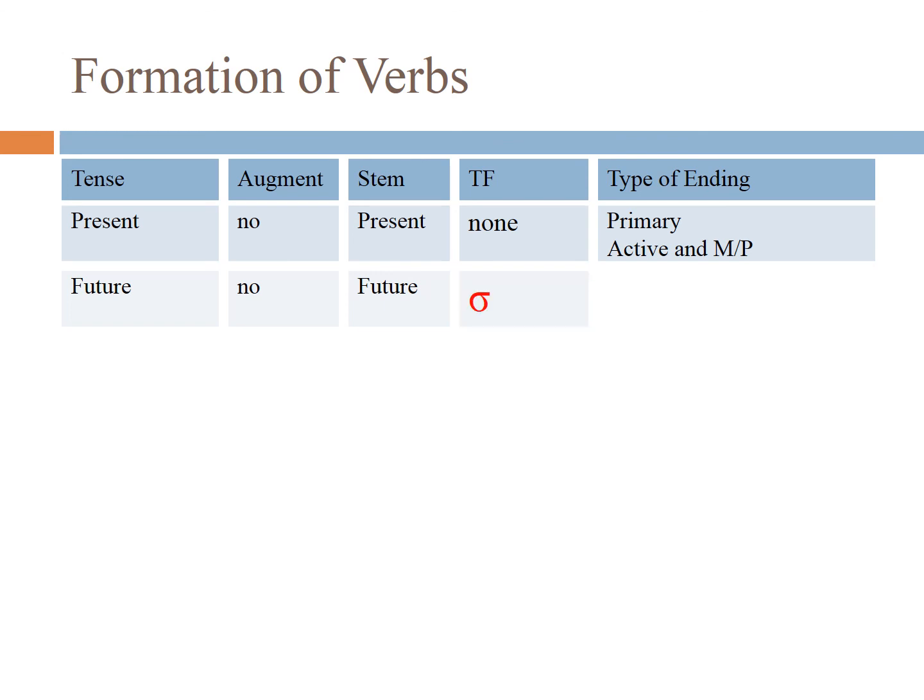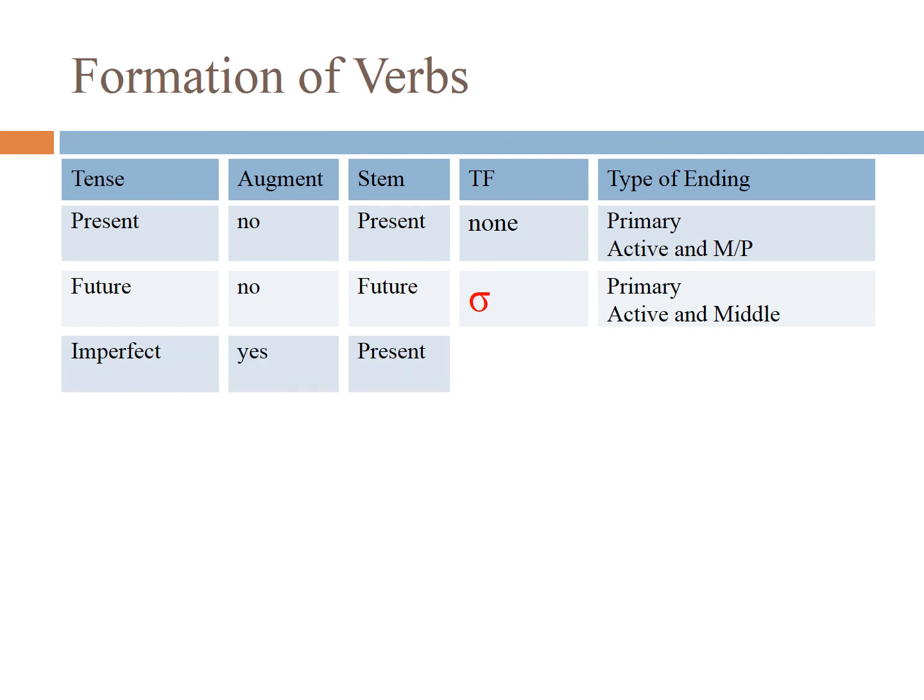Tense formative, sigma. And the endings, primary, active and middle. The imperfect does have an augment. The stem is present. It does not have a tense formative. And its endings are secondary, active and middle passive.